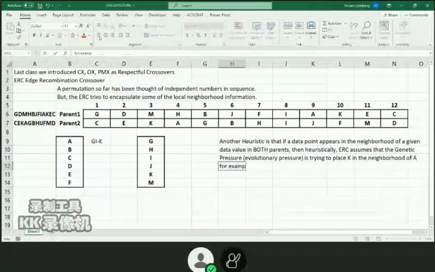Okay, here I'm giving an example. So that's just a heuristic. You don't need the heuristic explanation to understand the algorithm, but that is the idea.